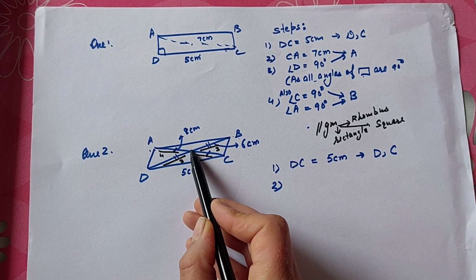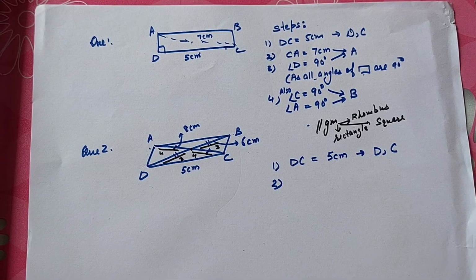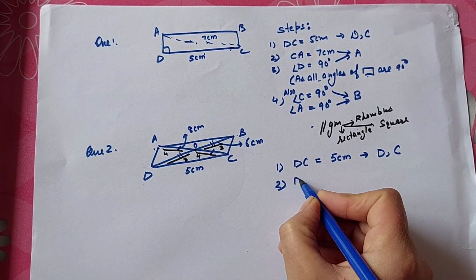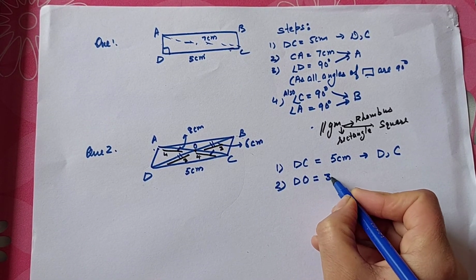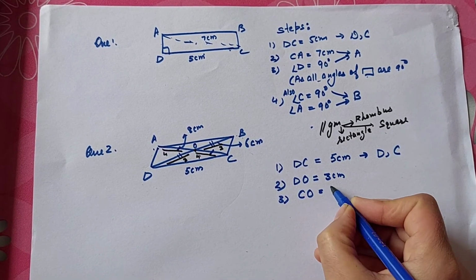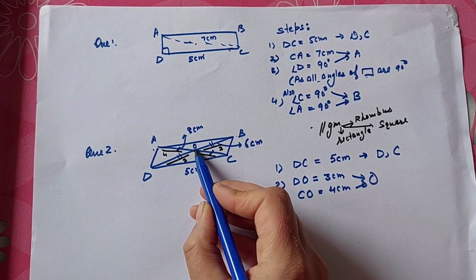Let's call this point O. We can say DO equals 3 centimeter and CO equals 4 centimeter will give you O. Now you have got O.